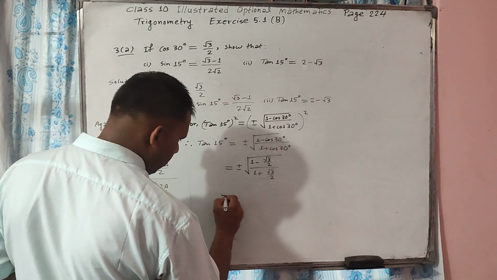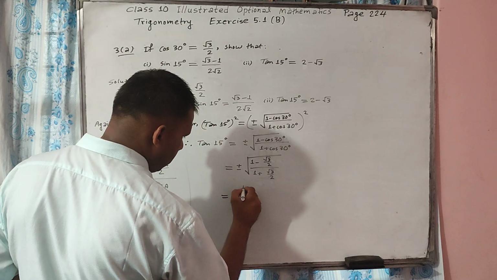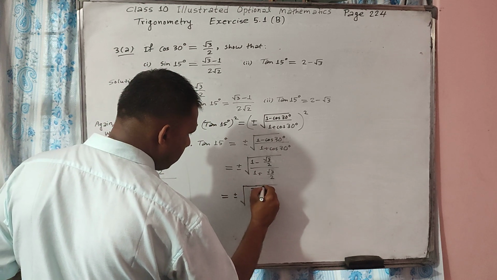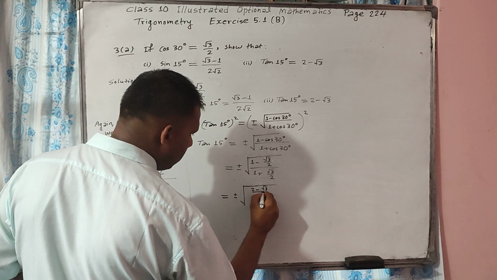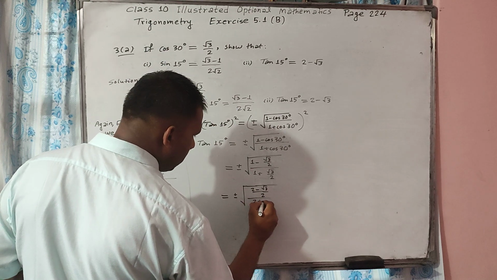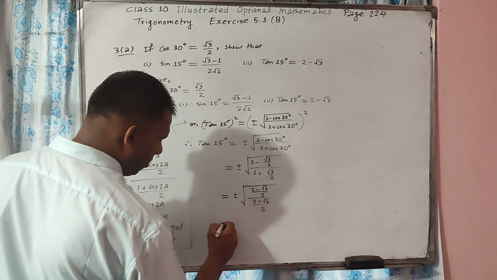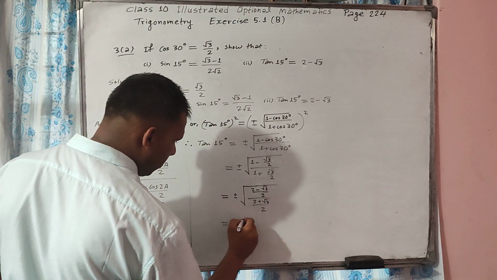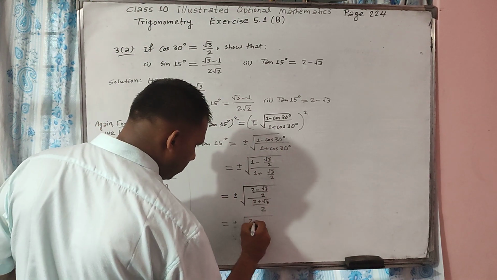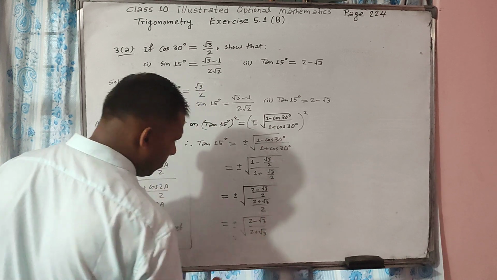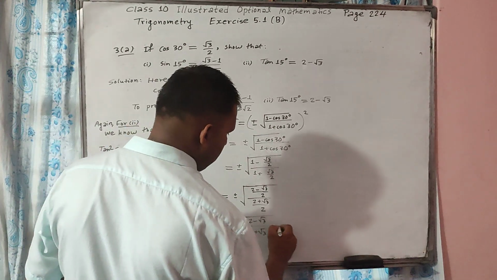Now taking LCM, equal to plus minus square root of 2 minus root 3 whole upon 2, over 2 plus root 3 whole upon 2. The denominator 2 cancels out, remaining plus minus square root of 2 minus root 3 whole upon 2 plus root 3.